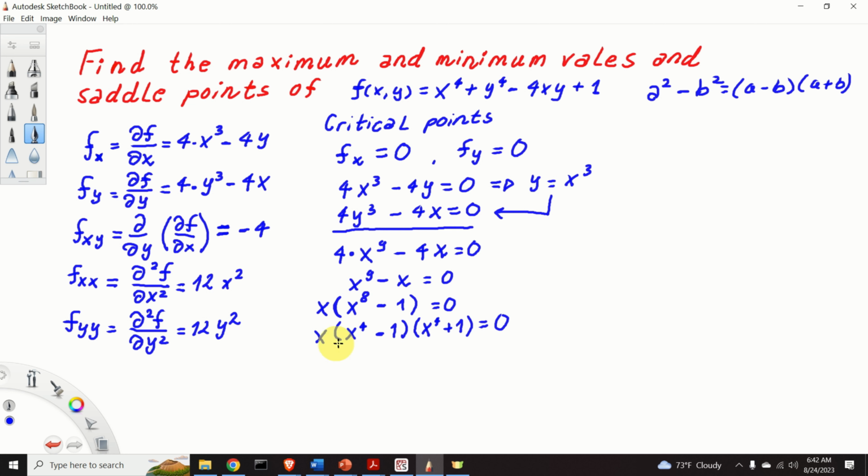Okay, let's go further. Now, let's apply this trick again to this term over here. We have x to the power 2 minus 1, x to the power 2 plus 1 multiplying x to the power 4 plus 1, is equal to 0. This equation obviously has real and complex solutions.